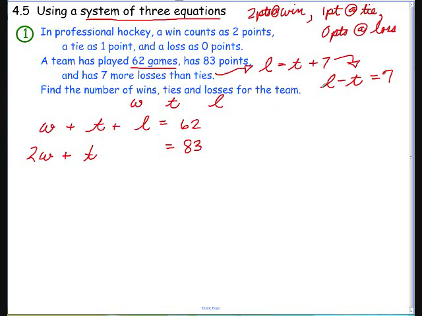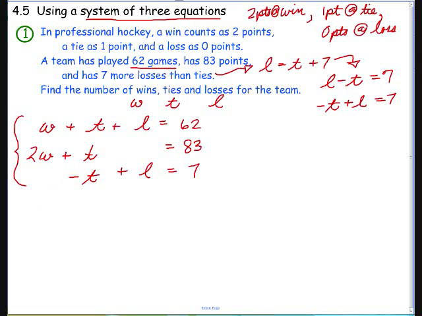Or I can say negative T plus L equals 7. And that actually fits in here pretty well. Negative T plus L equals 7. Now I have a system of 3 first-order equations in 3 variables.